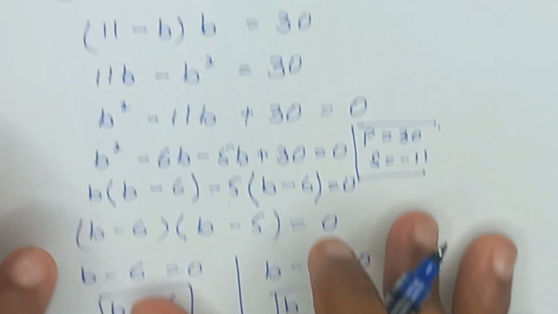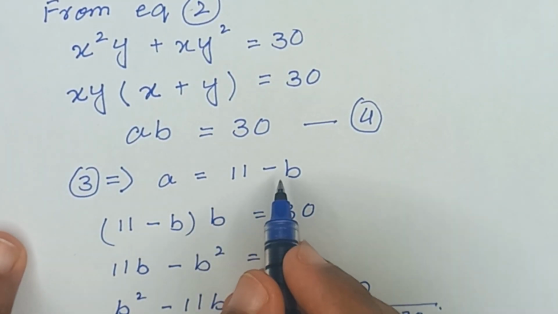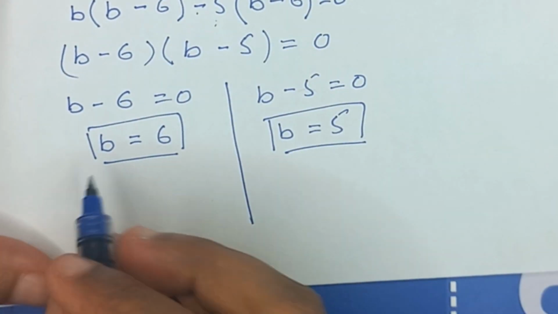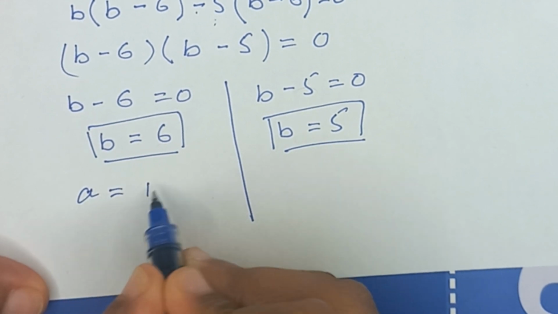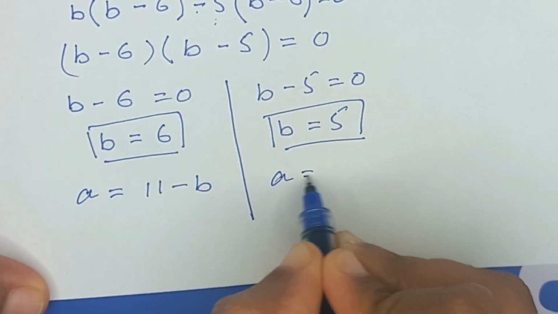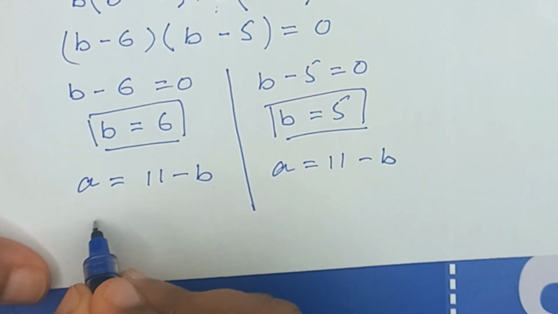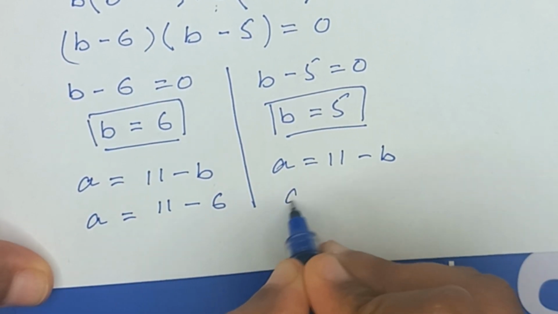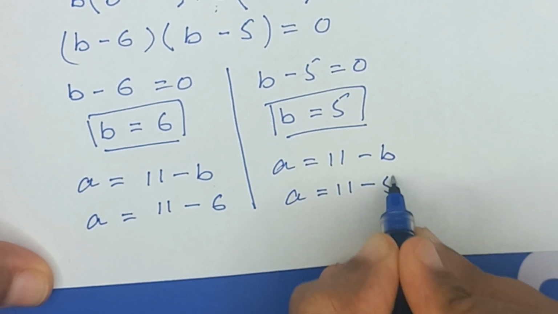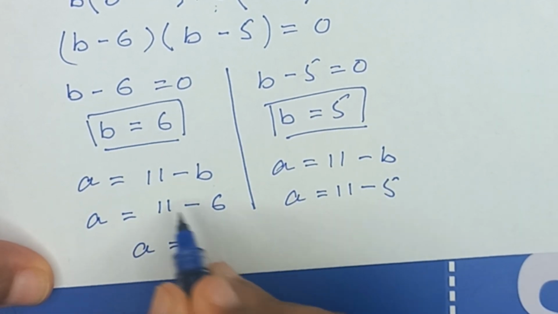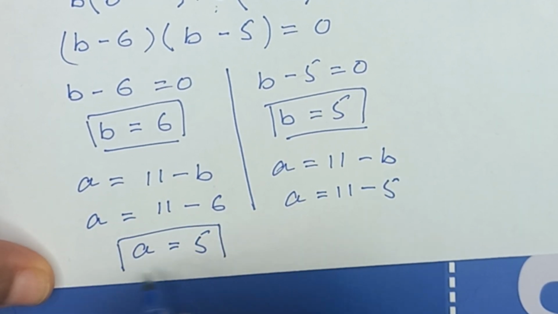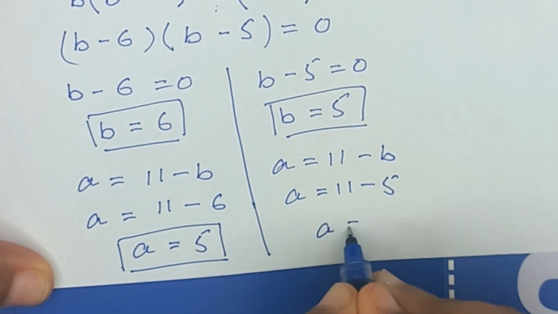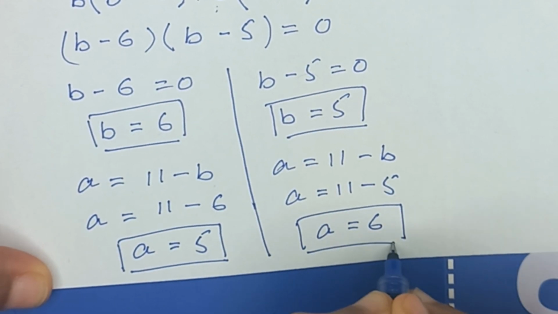Now we will find the value of a, as we know that a is equal to 11 minus b. So a will be equal to 11 minus 6 and from here a is equal to 11 minus 5. So a will be equal to 5 in this case and a is equal to 6 in this case.